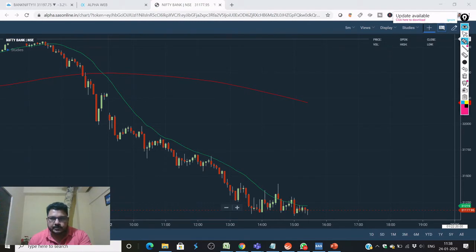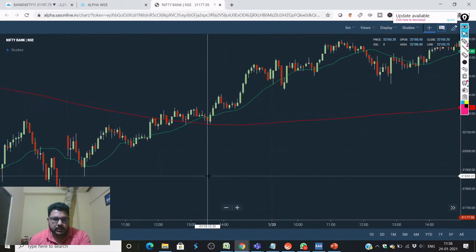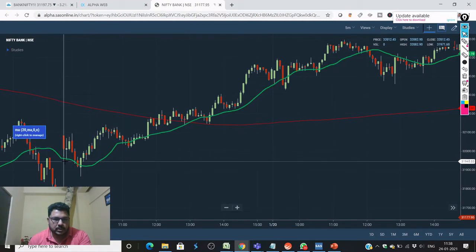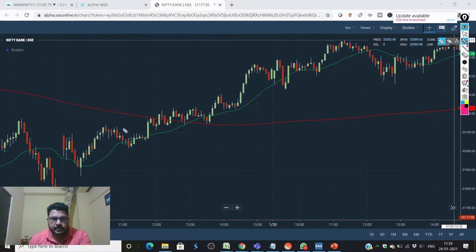Now you can see the uptrend also. The stock was holding the 20, right? It started moving up. It crossed the 20 and then it came for the retracement and it was holding 20 and moving up.